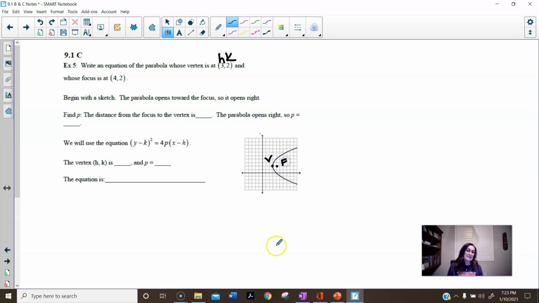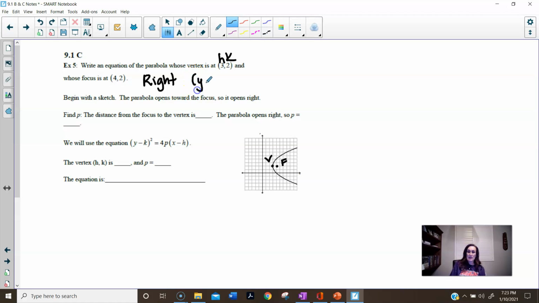So because the focus is wrapped around by the parabola, this parabola is going to open up to the right. So if we look at the equation for a parabola that opens up to the right, then this is going to be a y squared parabola.